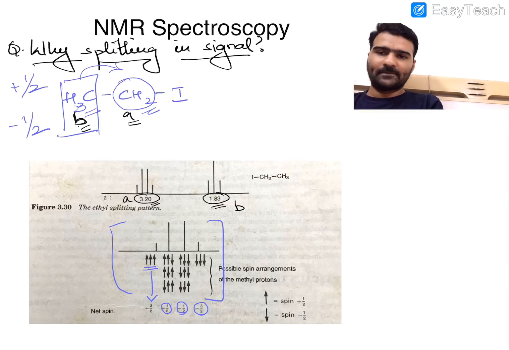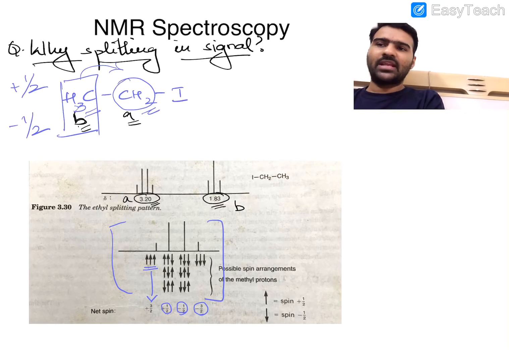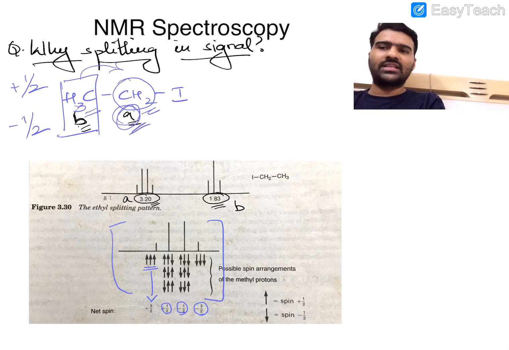Now each spin state of the neighboring protons which are forming a group B will have an effect on the resonant frequency of the protons belonging to set A when it is being probed in the NMR spectrum.